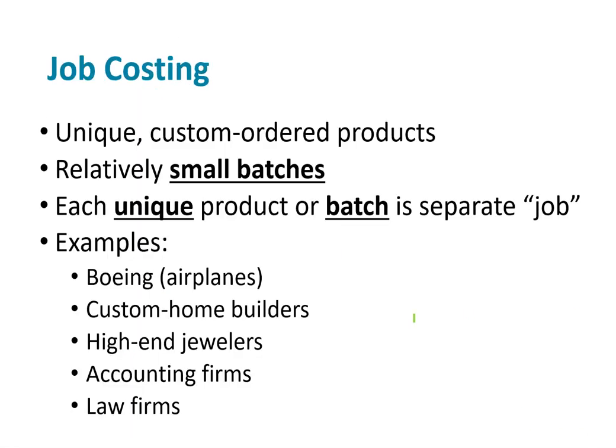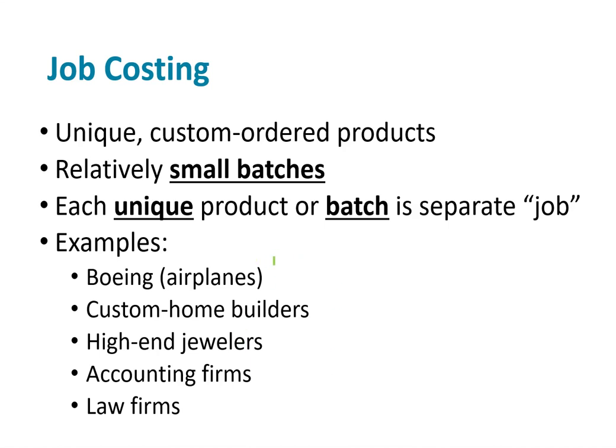So there are two main types of cost accounting systems. Job costing, or job order costing that it's called sometimes, which is what we're doing in this chapter, and process costing, which will be done in a couple chapters. Now, job costing is where you have unique custom ordered products, typically relatively small batches.